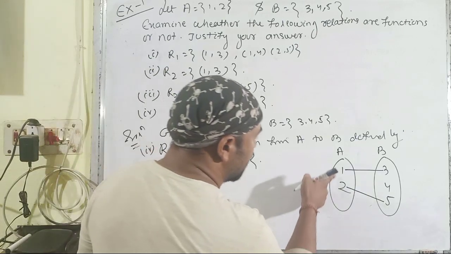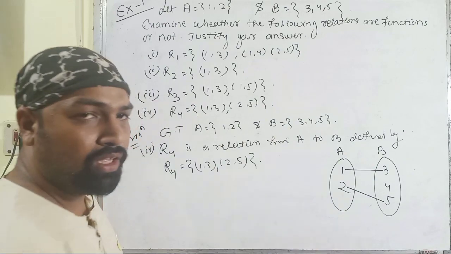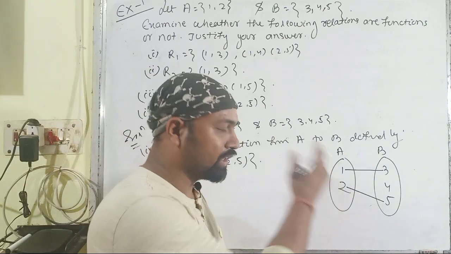Here you can see that each and every element of the first set makes an ordered pair, or has an image, in the second set.